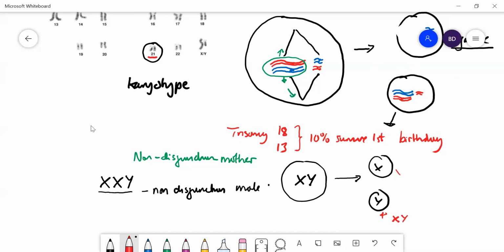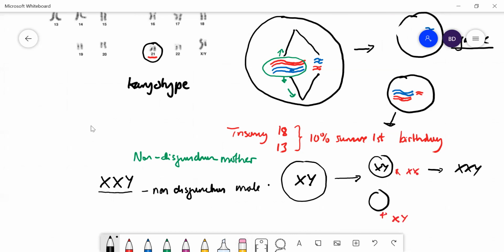And if this one meets up with the egg, you're going to get an XX individual, a female. If you get a non-disjunction event, so that one of them ends up with no Y chromosome and you get an extra Y chromosome there, if this joins in a fertilization, that's going to give you XXY as the individual.